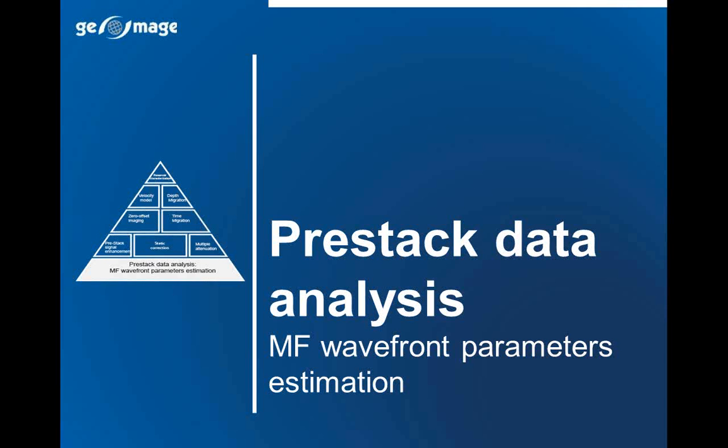And the information about these waves we need to build the velocity model, we can extract from the wavefront parameters. So the information about the wavefront parameters are crucial for successful building of a velocity model. So in fact, this is the first and fundamental step of multifocusing.